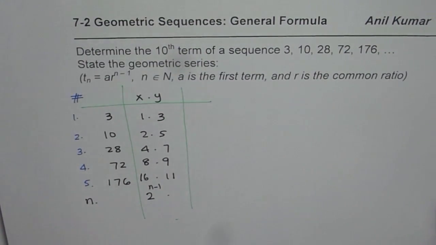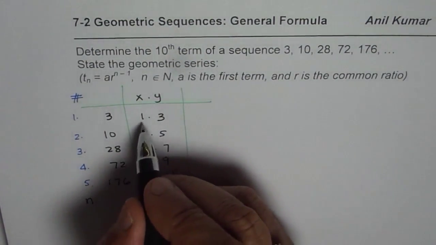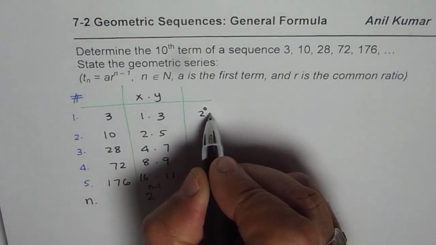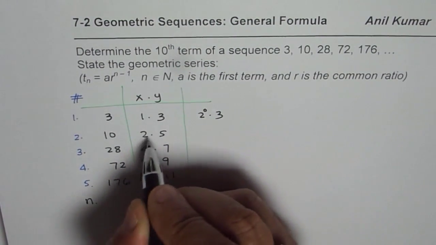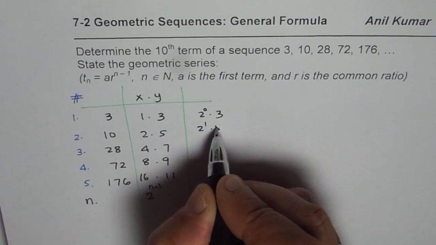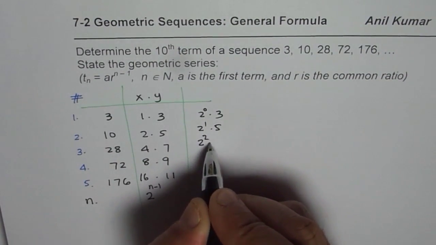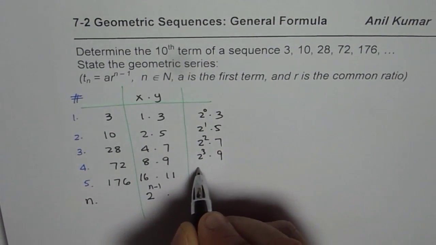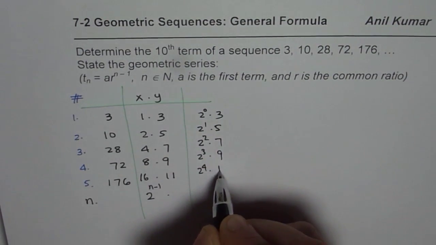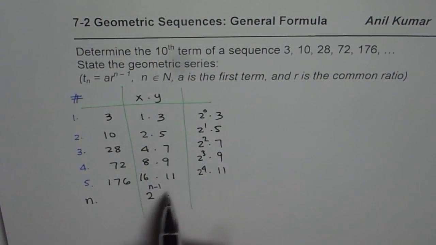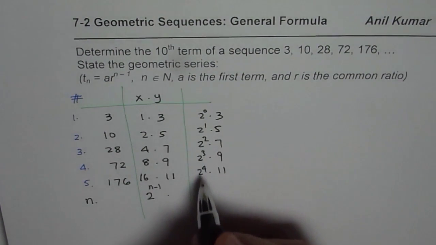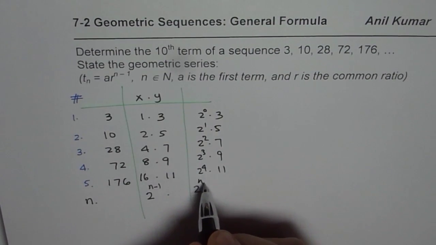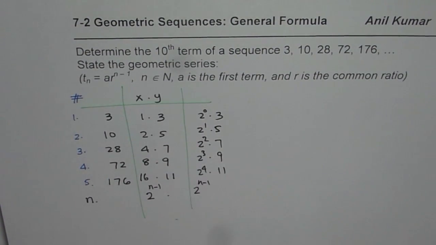We can write this as 2 to the power of 0 times 3, 2 to the power of 1 times 5, 2 to the power of 2 times 7, 2 to the power of 3 times 9, 2 to the power of 4 times 11. So the first factor is 2 to the power of n minus 1.